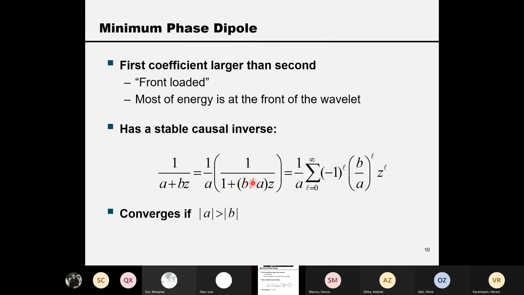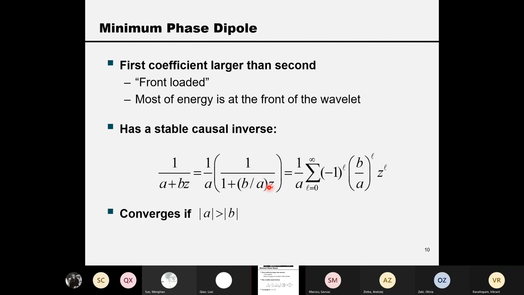right? If we recall when you learned the Taylor expansion, one of the conditions: 1 over 1 plus x, if you can apply a Taylor expansion to this fraction, the condition is this x must be smaller than 1, right?